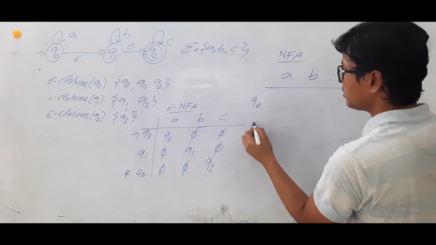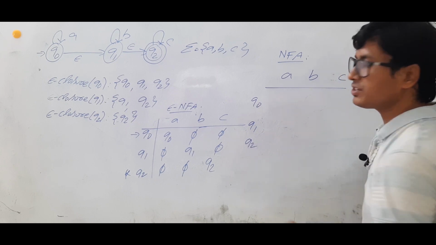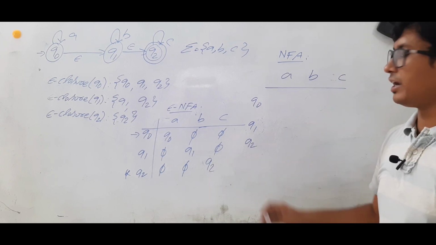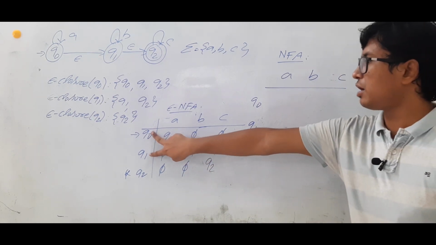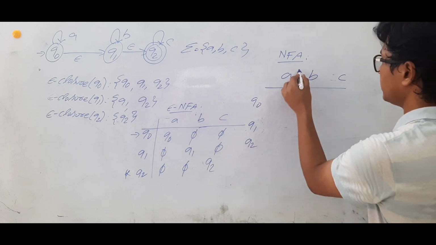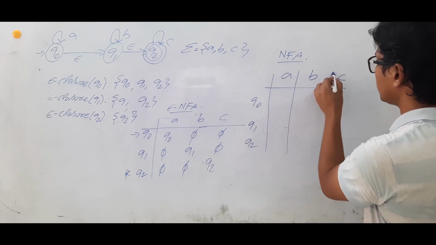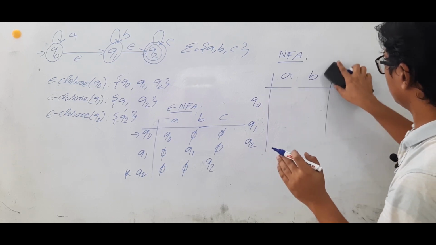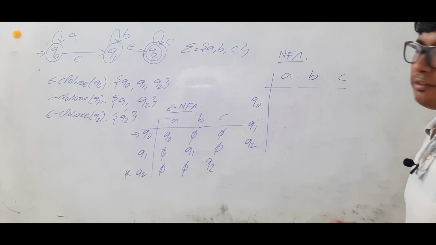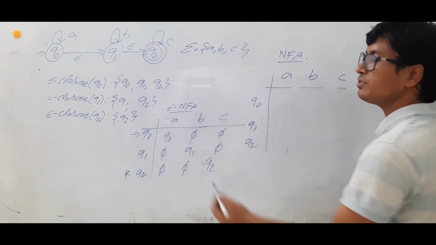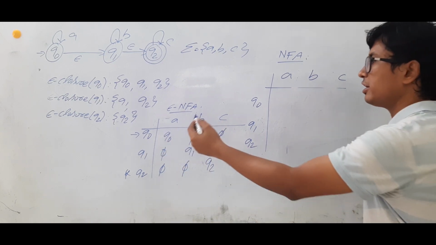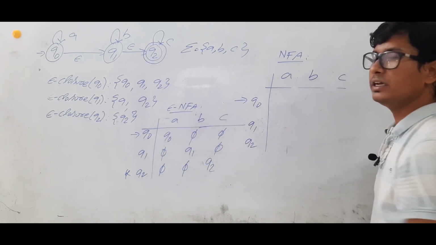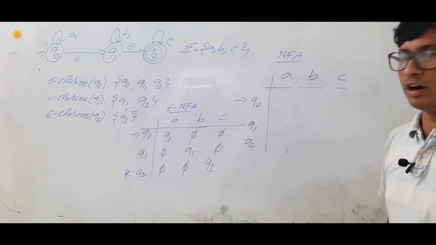As the procedure says, the number of states in the epsilon NFA and NFA will not change. So as you have 3 states, the 3 states will be there. Which one will act as the initial state? The state which is the initial state in the epsilon NFA will act as the initial state in the NFA also.